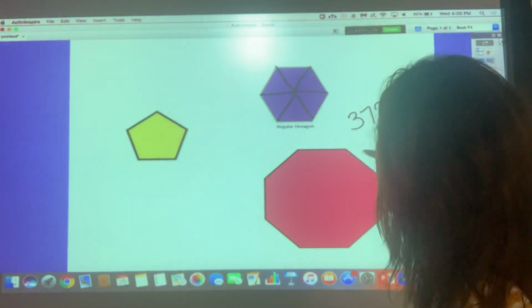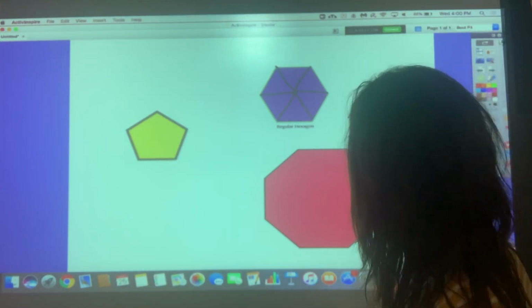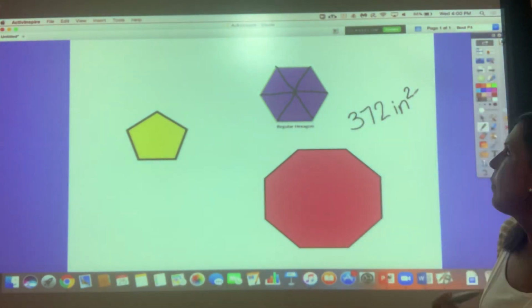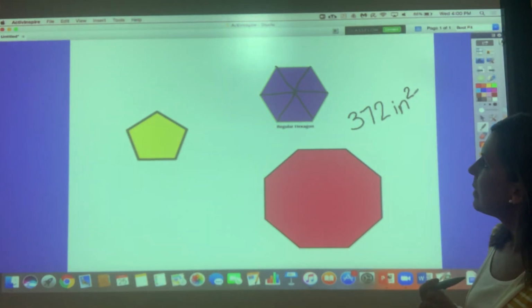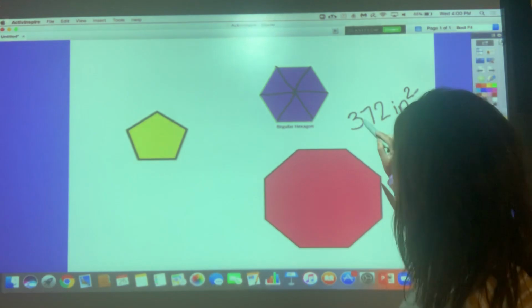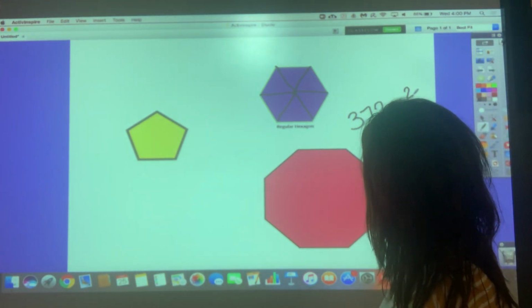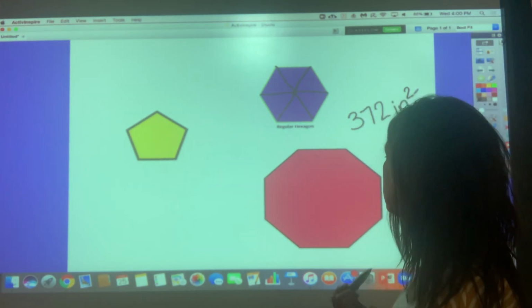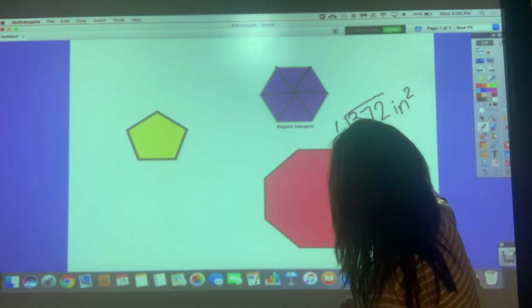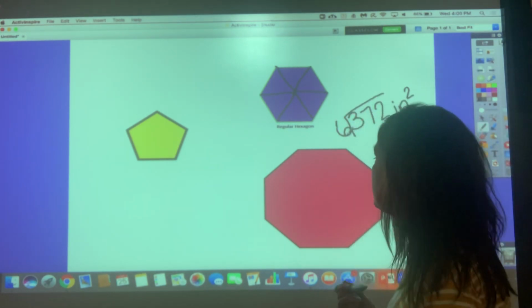Six identical triangles with an area of 372 inches squared total. Well, since there are 6 identical, you would divide 372 by 6. That is going to tell us the area of each individual triangle.